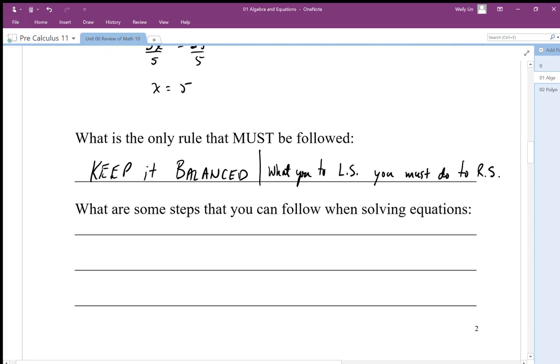Now that's the only rule. Now some steps that you could follow are you want to try to get rid of brackets. So remove brackets is an easy way to keep track of terms, to account for your terms. Okay, it's always good to combine like terms.